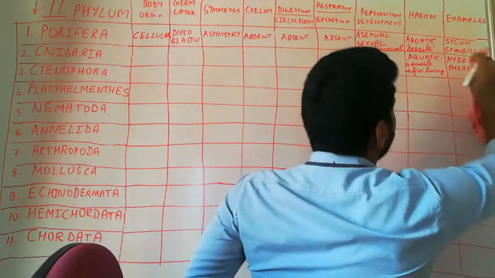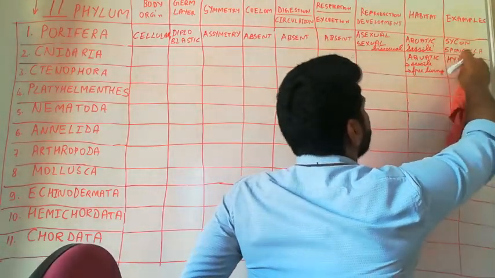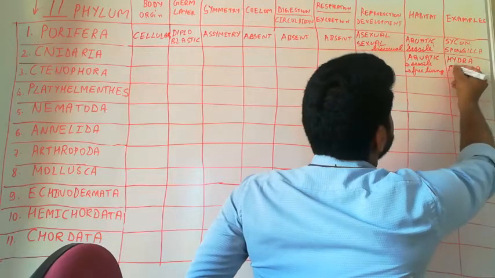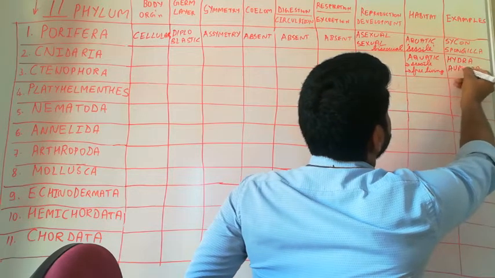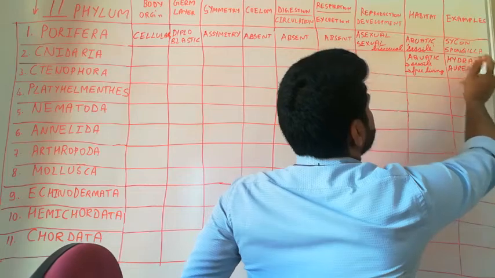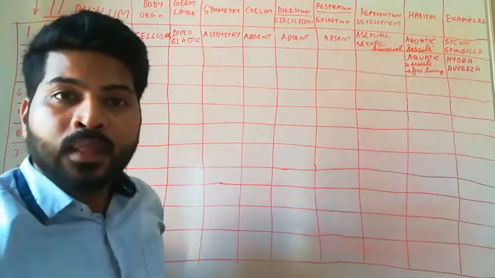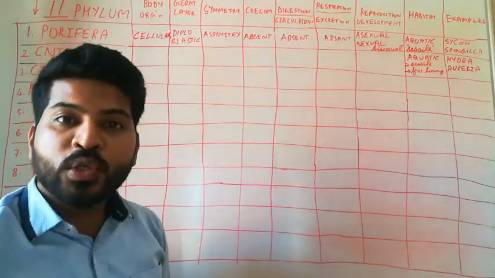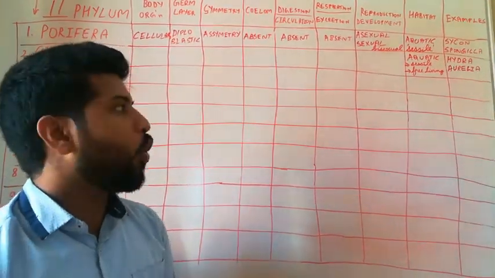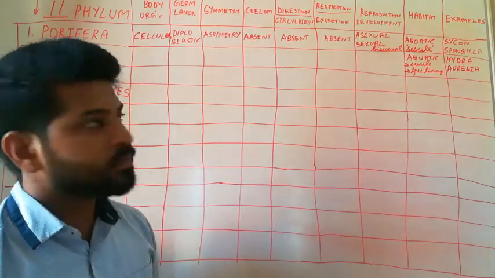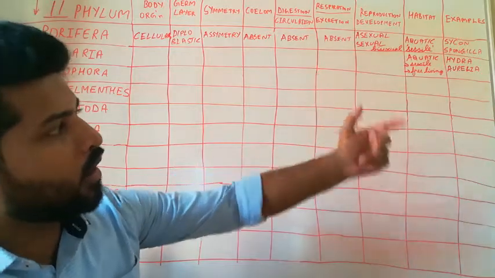We will take two examples, Hydra and Aurelia, as examples for phylum Coelenterata. Physalia is called the Portuguese man of war. Then we have Adamsia, Hydra, Aurelia.